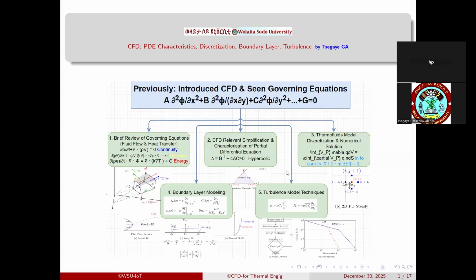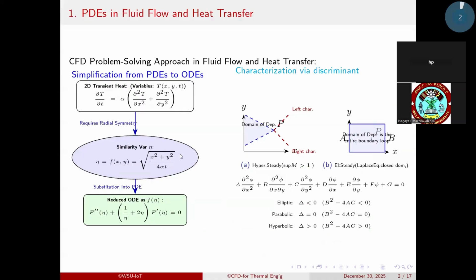Partial differentials: you need to either simplify using similarity transformation or other relevant techniques, or analyze the partial differentials using discriminants. Simplification from PDEs to ordinary differential equations involves transforming the equation using a similarity variable or geometric symmetries.